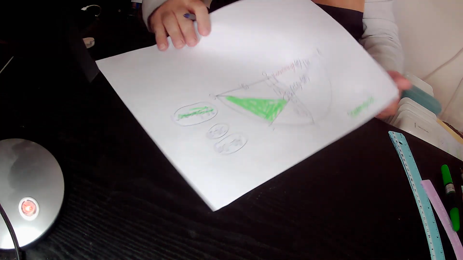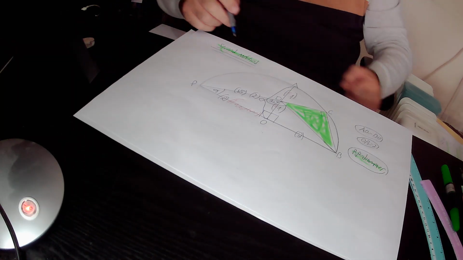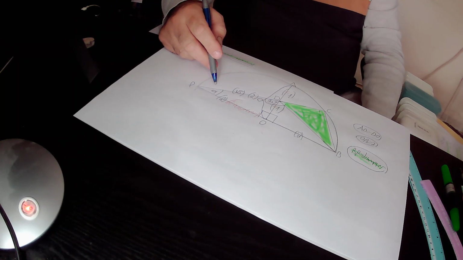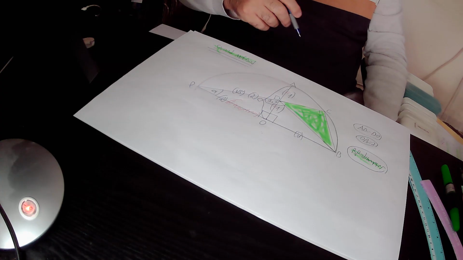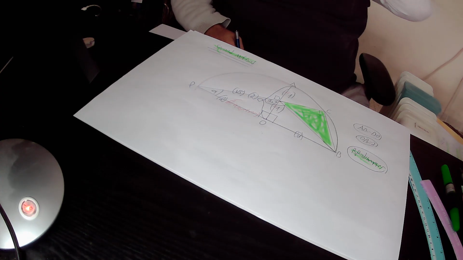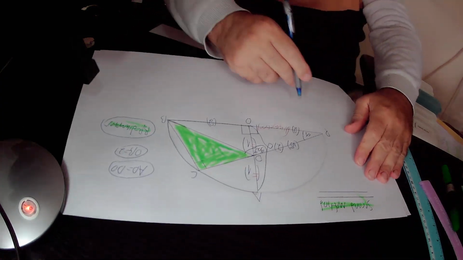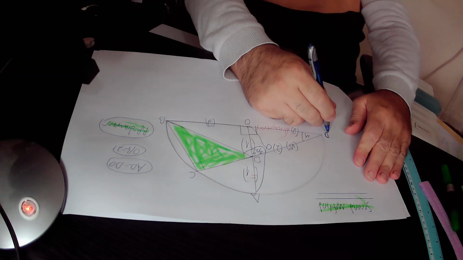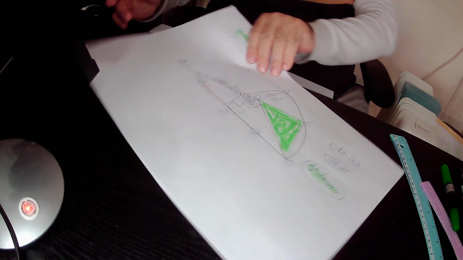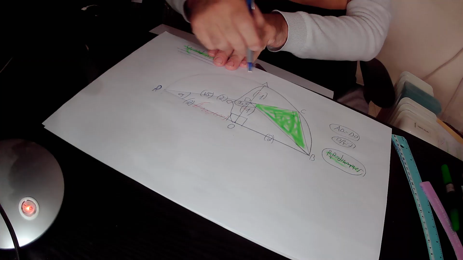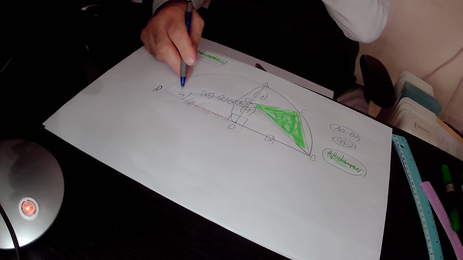Why? Because 90 degrees minus alpha plus alpha is 90 degrees, and 90 degrees plus 90 degrees is equal to 180 degrees. That is the sum of the angles in any triangle. Likewise, in the big right triangle PCB, this angle equals alpha.